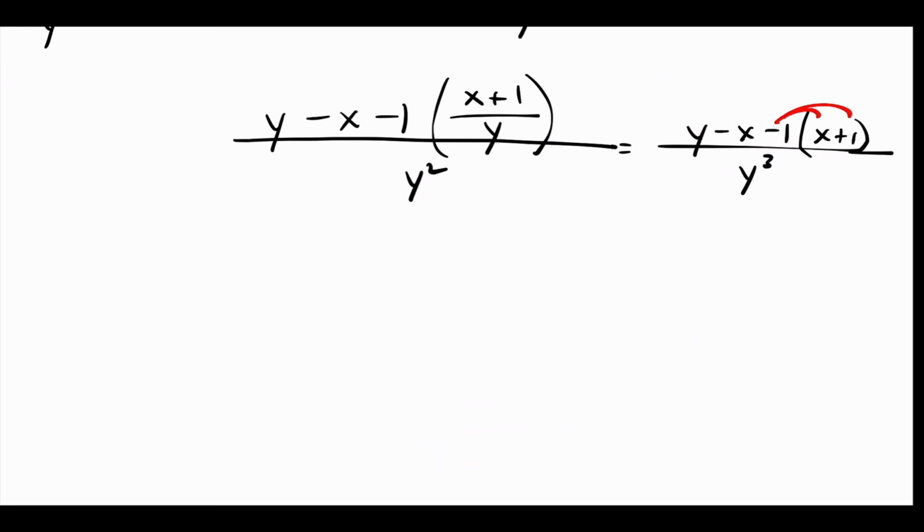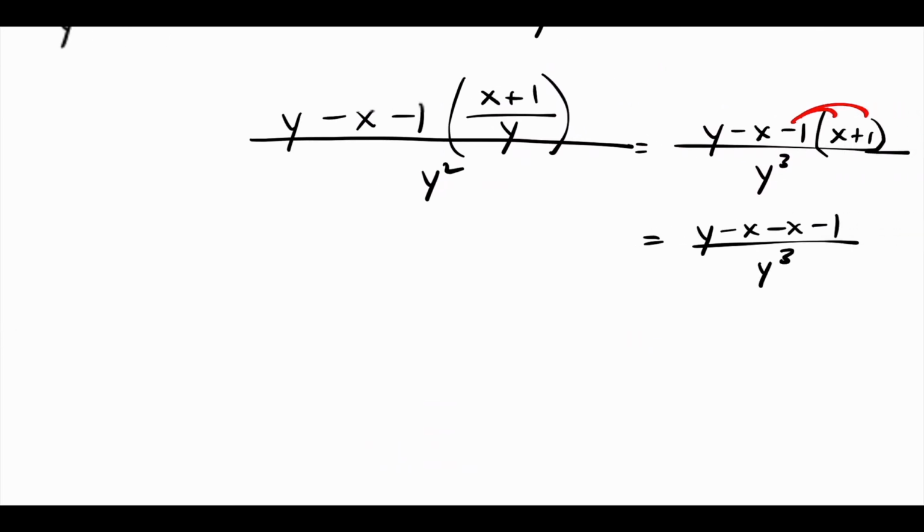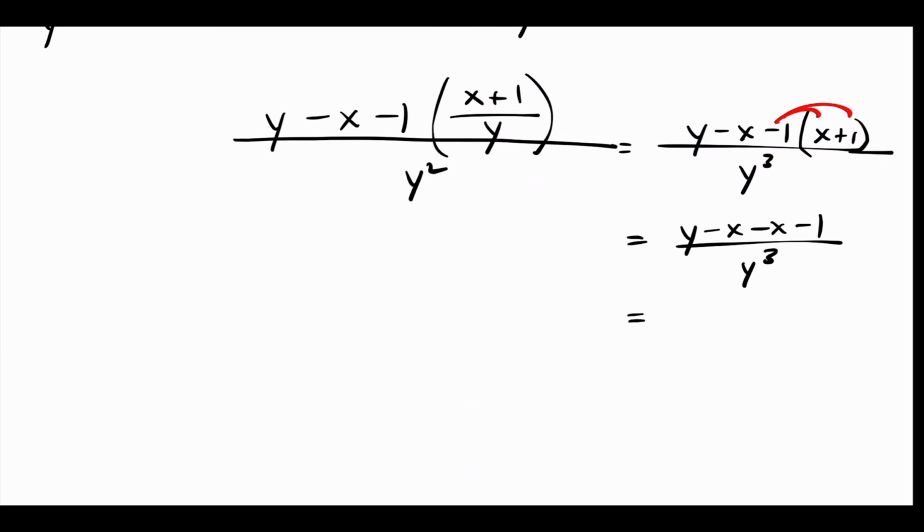Y minus (x minus 1) over y to the third power. Y minus 2x minus 1 over y to the third. That's as far as I can go.